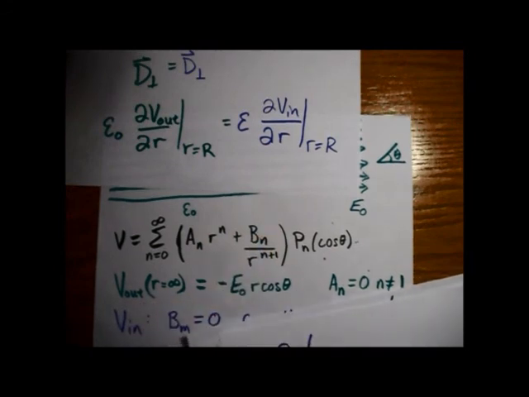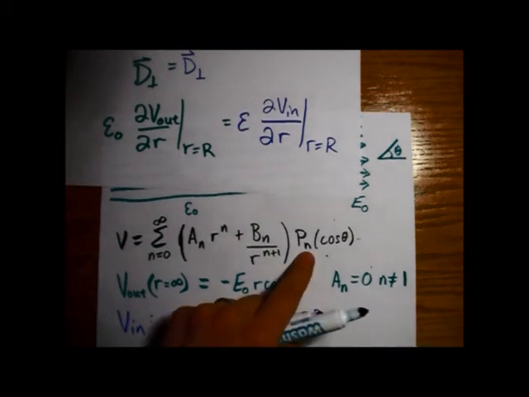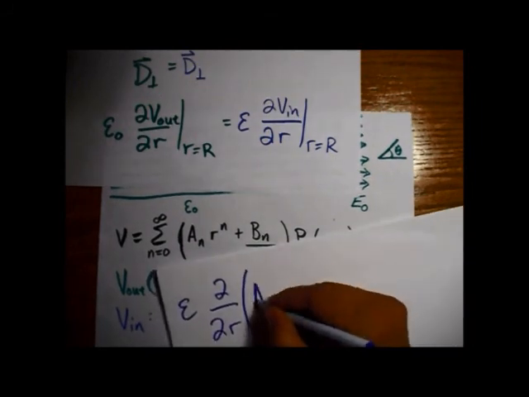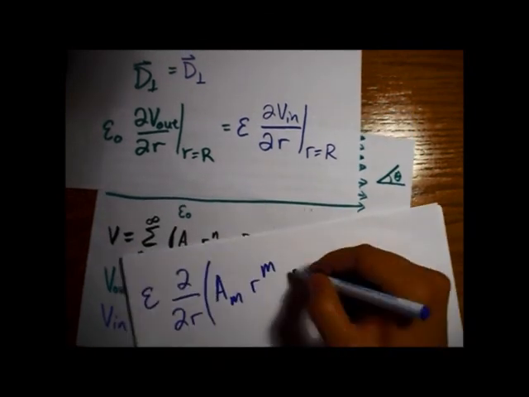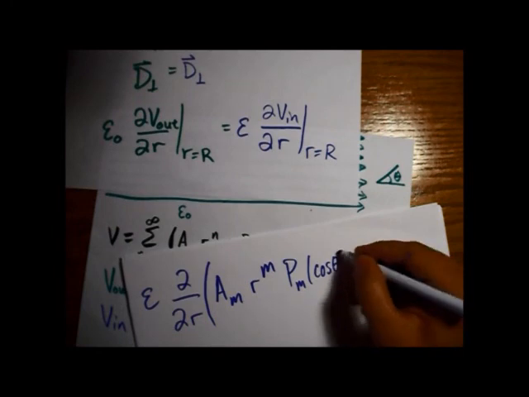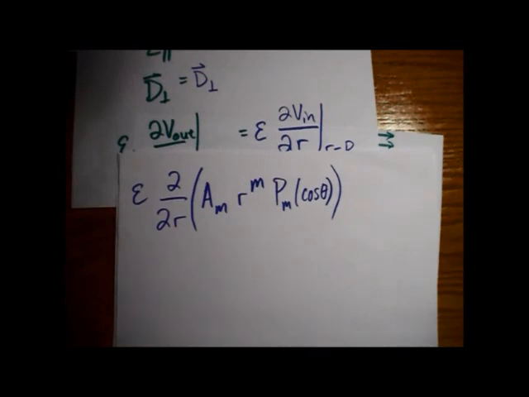All right, and I'm going to go ahead and just use m for both, since we decided m and n were going to be equal due to the orthogonality of these Legendre polynomials. So what I want is an a sub m multiplied by r to the m multiplied by the m-th Legendre polynomial, okay? All right.